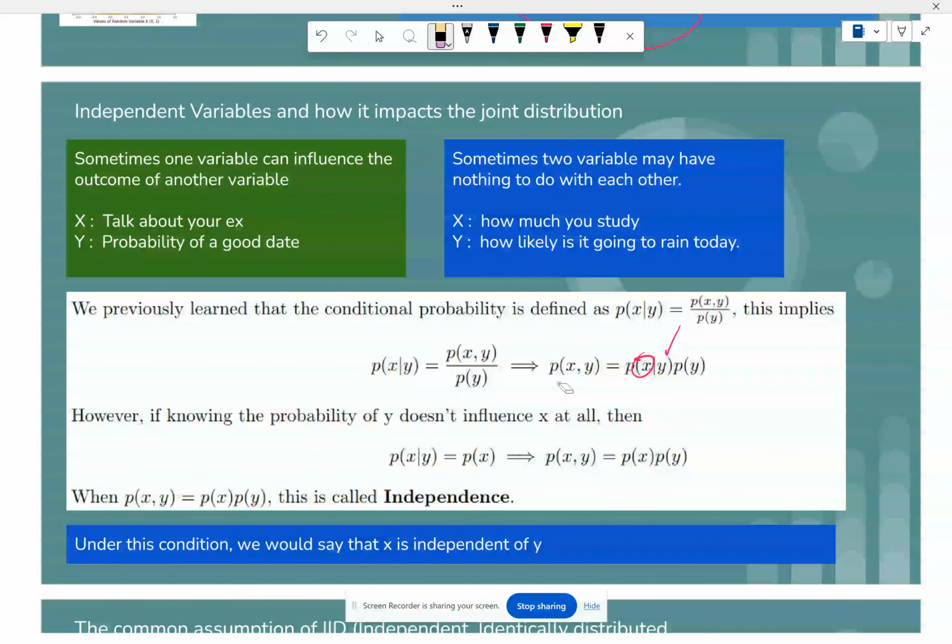If that's the case, by knowing y, it doesn't change the probability of x. This means that you can just cancel out y because the probability of x doesn't get changed by knowing y anyways. Therefore, when we talk about independence, it is just the probability of x equal to the probability of y. And this is the definition of independence.